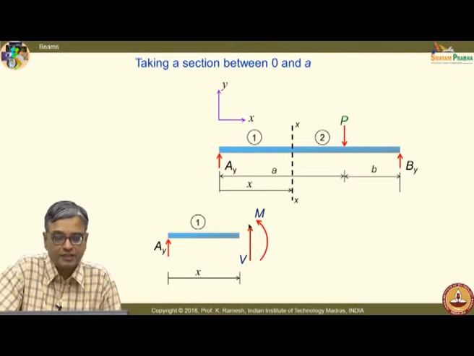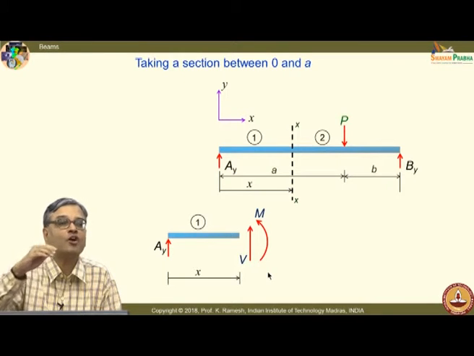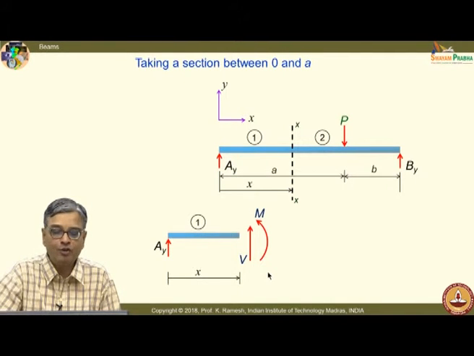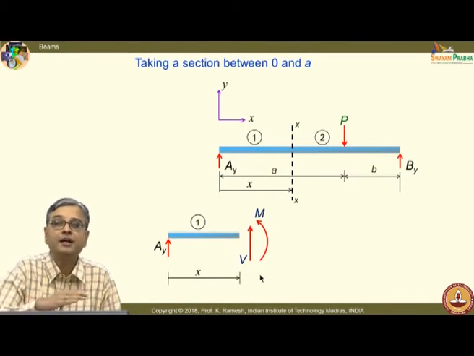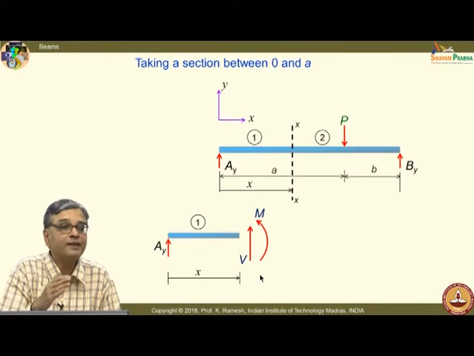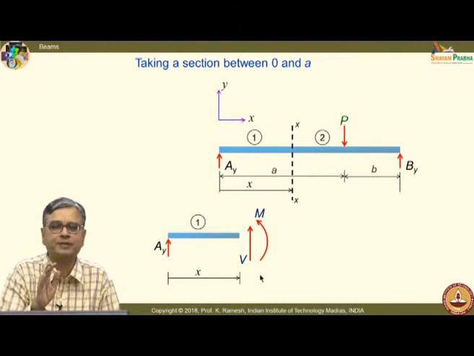I can put the shear force V like this, and we have followed a convention: anti-clockwise moment is positive and clockwise moment is negative. I do not know what is the magnitude of this, what are the directions. To start with, I put this as in the positive direction. My mathematics will tell me whether the assumption is right or wrong when I analyze the free body. Let us just follow the principle, fine.